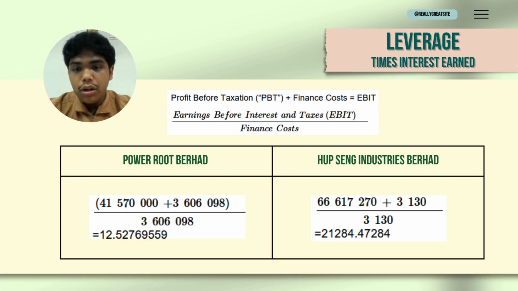For Power Root Berhad, we get 12.52. For Hapsang Industries Berhad, we get 21284.47. In conclusion, Hapsang Industries Berhad has a stronger interest paying ability, while Power Root Berhad has a relatively lower ability to cover its interest expenses.